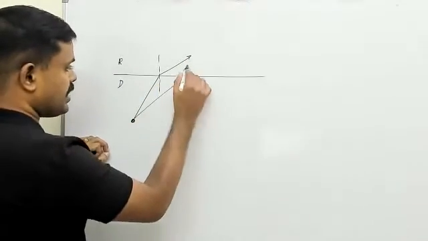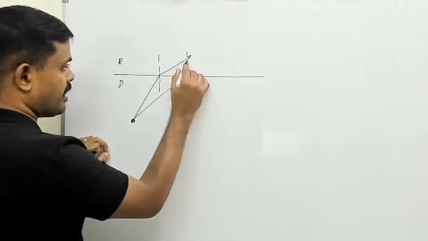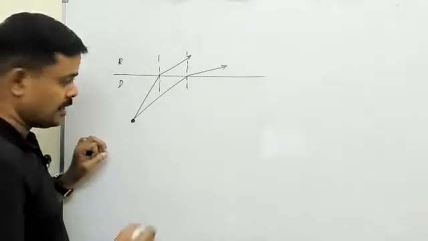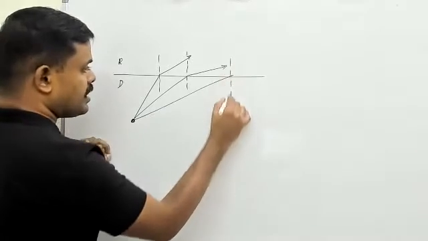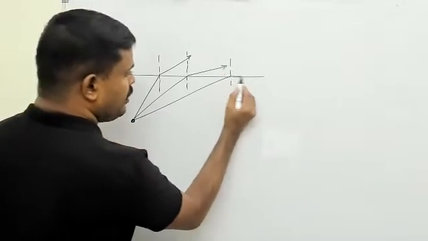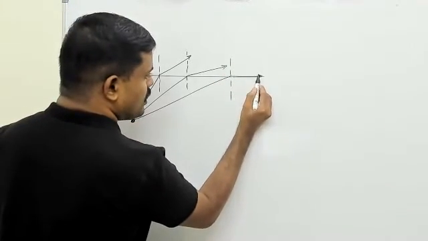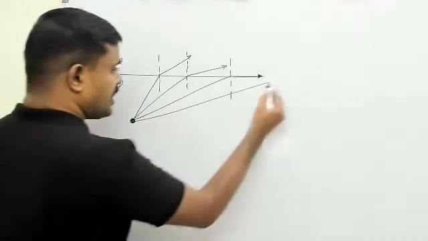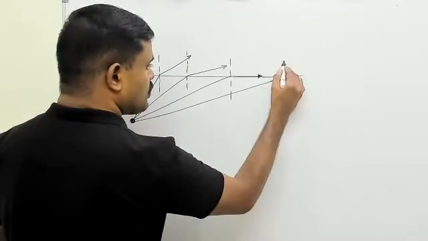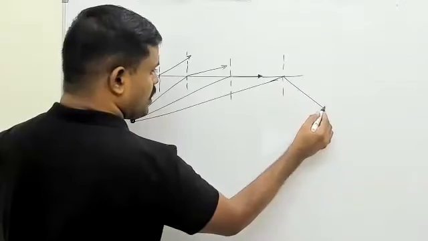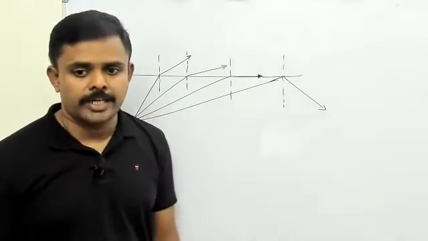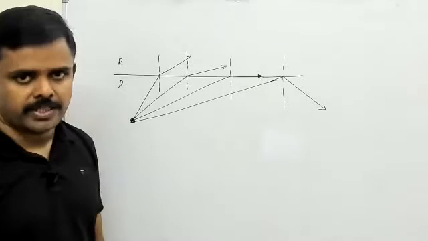I'm looking at a second ray which is falling at an even greater angle, so the angle of refraction is also more. If I take a third ray that is falling at a further greater angle, the ray grazes the surface, and if a ray of light falls at an even greater angle, instead of going out, the ray comes back to the same medium, obeying the laws of reflection, and this phenomenon is known as total internal reflection.